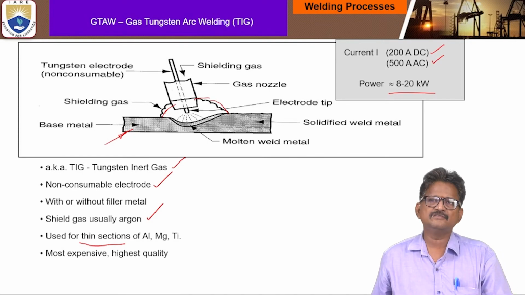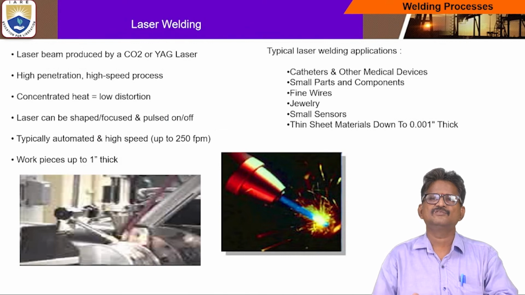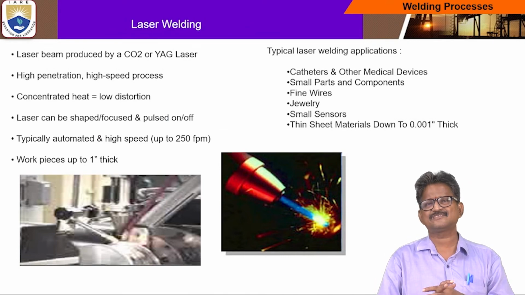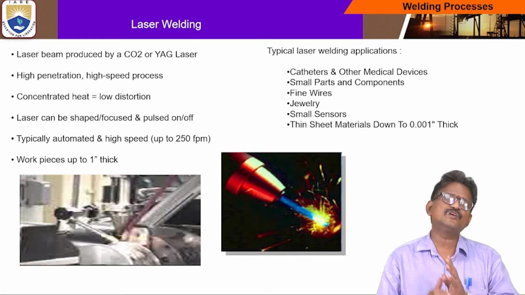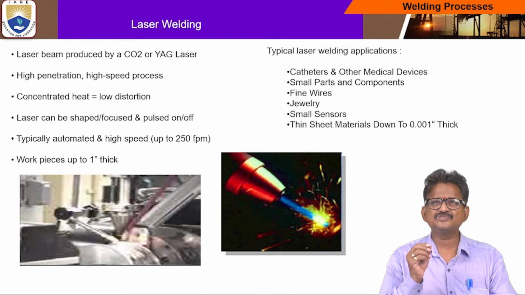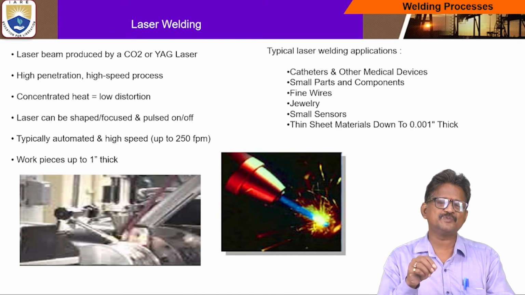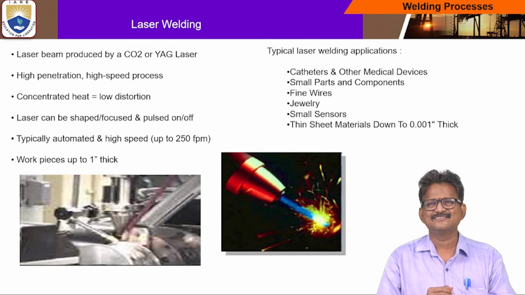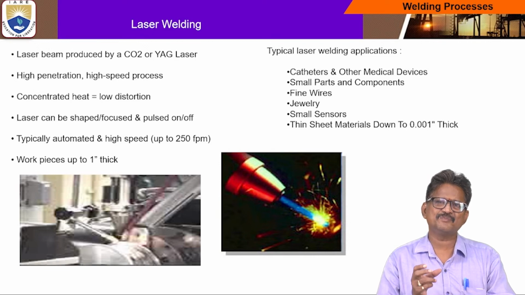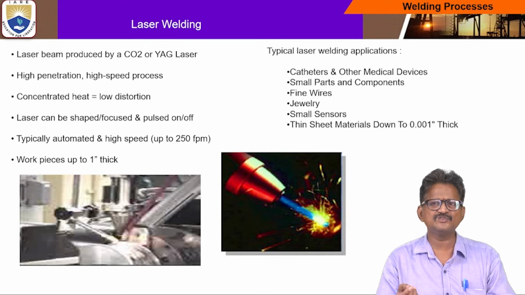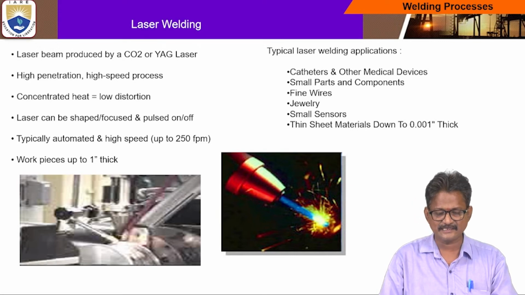Now let us see another important type of welding, the laser welding process. This is a little bit advanced type of welding process. Here a laser beam is produced by a CO2 or YAG laser.